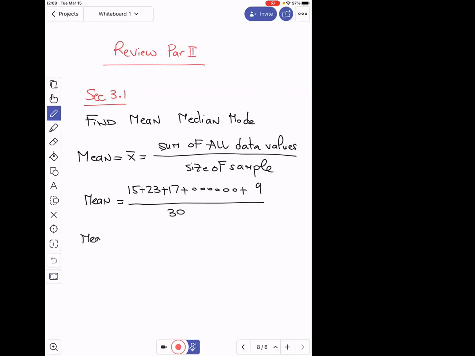If you do the top, 15 plus 23 plus 17, etc., I think the answer is 391. Then we divide by 30, which is actually equal to 13.03. So that's the mean.